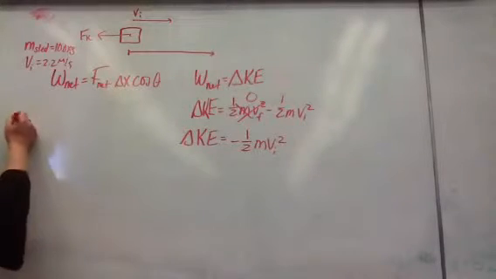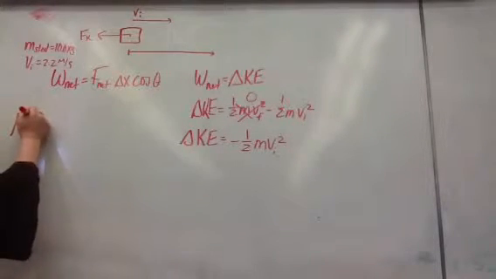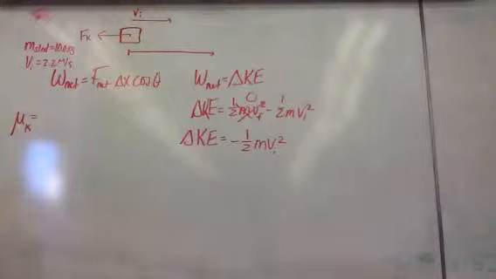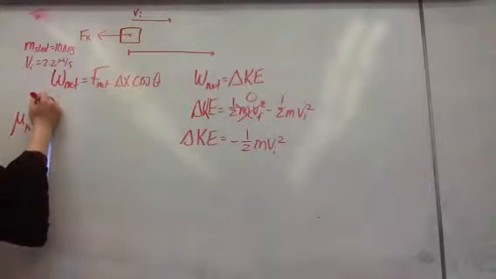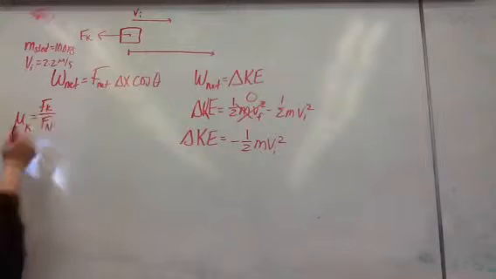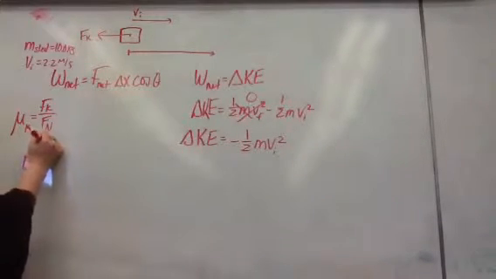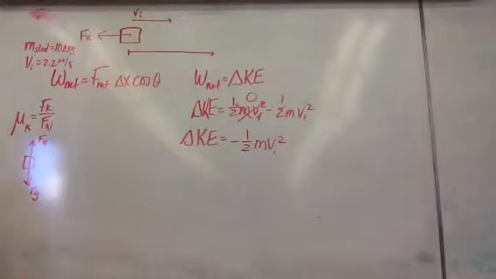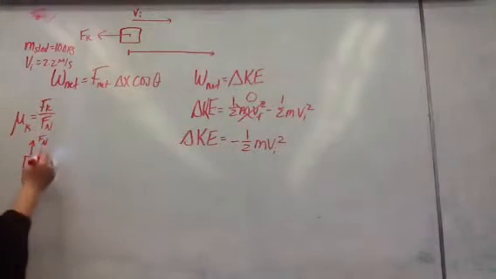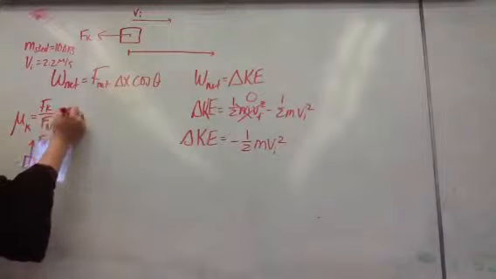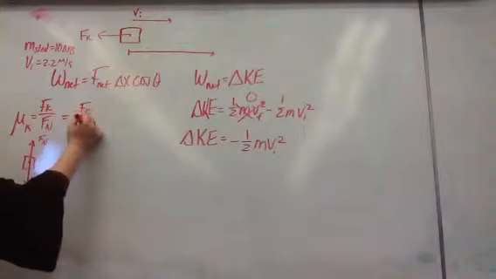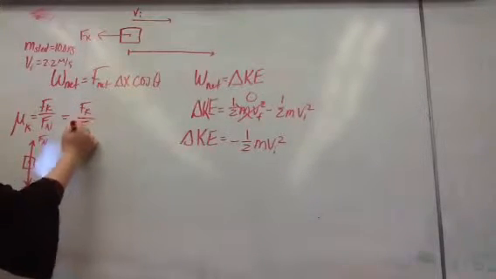So let's do a little side work over here. Mu k equals what? Mu k equals Fk over Fn. If we draw our sled here, we can prove to ourselves that Fn equals Fg. So this equals Fk over Fg.